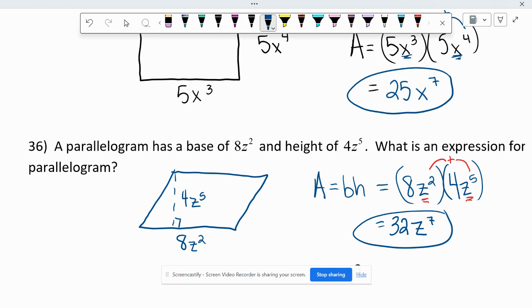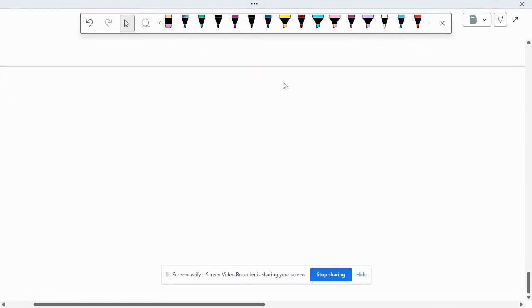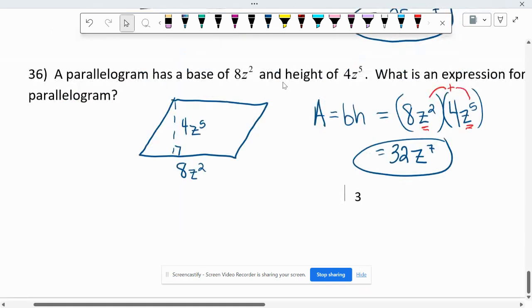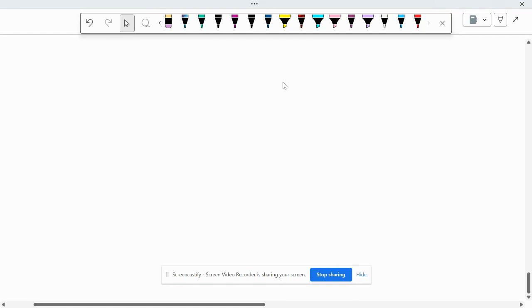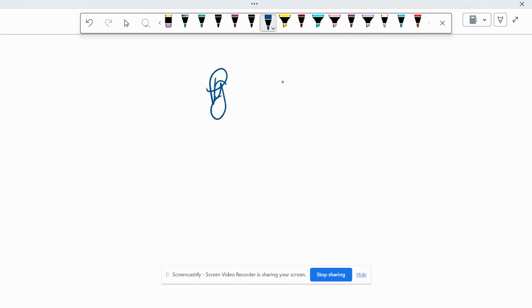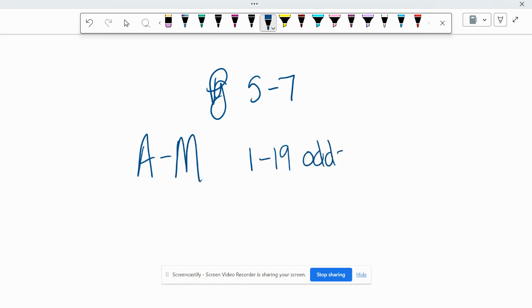So remember your homework. I'm going to just kind of write this up here so you guys know. Your homework is pages 5 through 7. If your last name is A through M, you're doing 1 through 19 odds, and then choosing 2 of the 21, 22, 23.